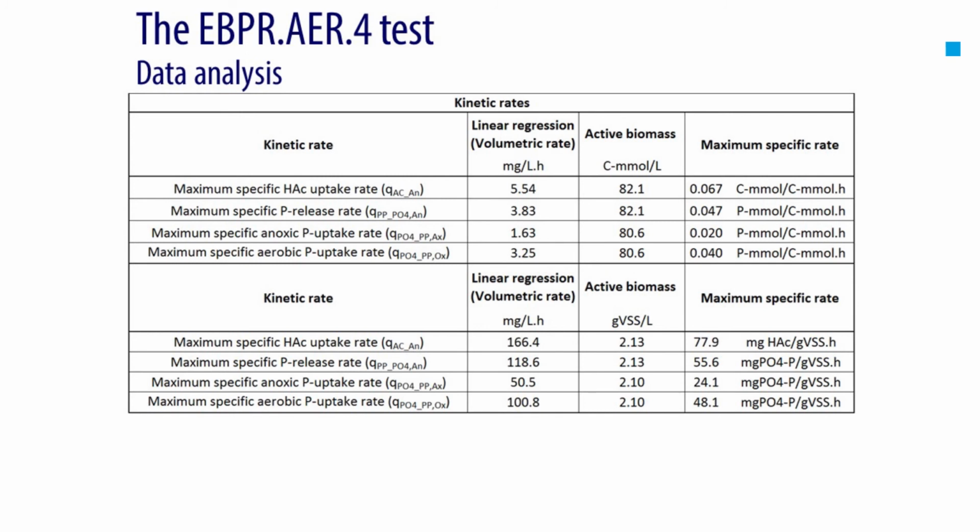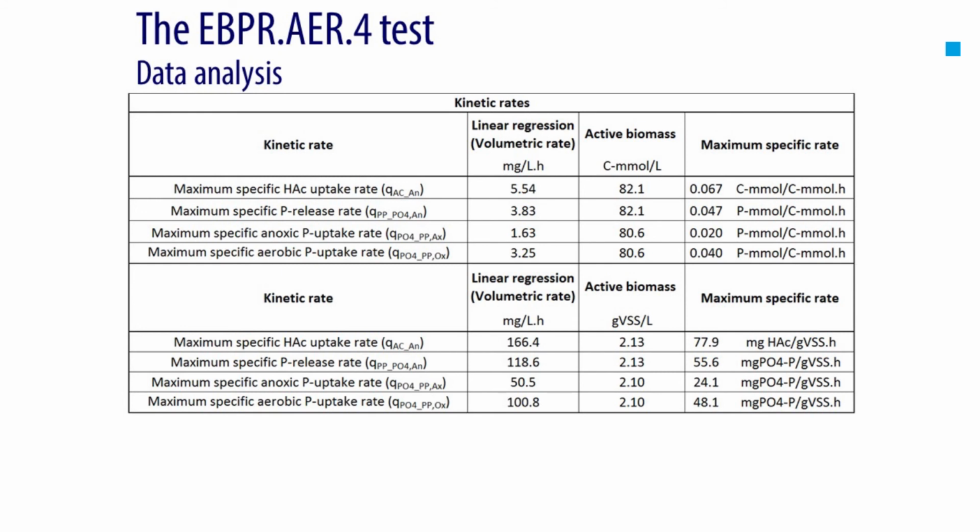In this example, the anoxic P uptake rate is only half of the aerobic P uptake rate, 24.1 milligrams PO4-P per gVSS per hour, compared to 48.1 milligrams PO4-P per gVSS per hour, respectively.